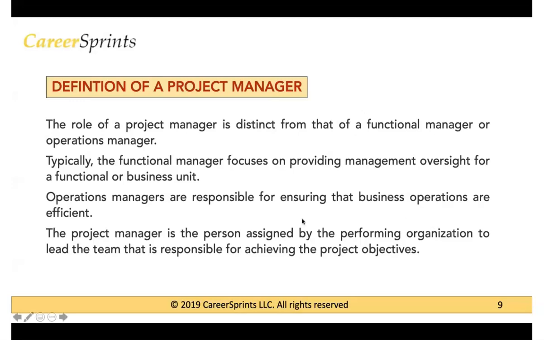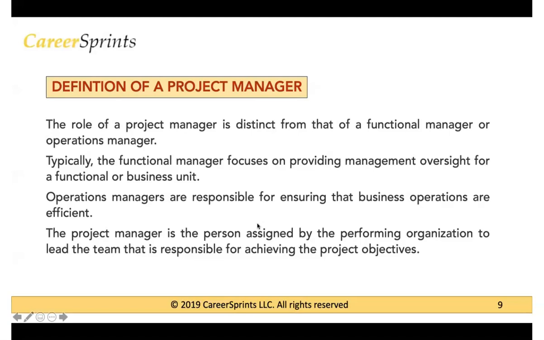Okay, so it's important to understand the difference between the role of the project manager versus, let's say, a functional manager or an operations manager. So I think these are some critical things that you should have an understanding of before we move on. So it says the role of a project manager is distinct from that of a functional manager or from an operations manager.